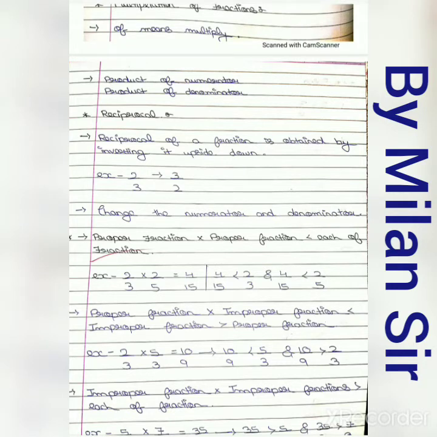Now in multiplication of fractions, a total of 3 possibilities are there, and these are just for your knowledge. In this chapter we do not need to use this property. What are the 3 possibilities?